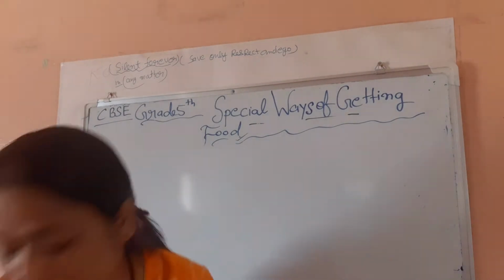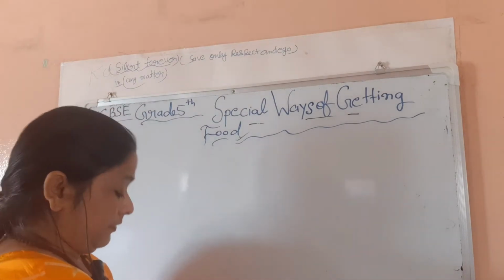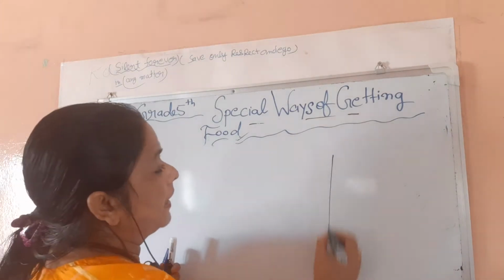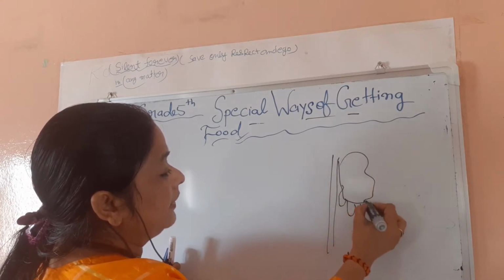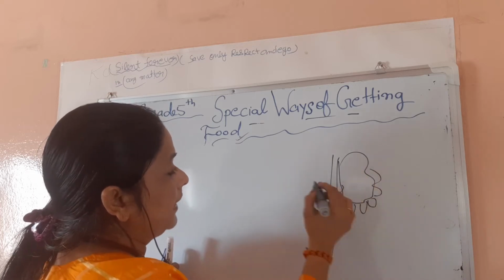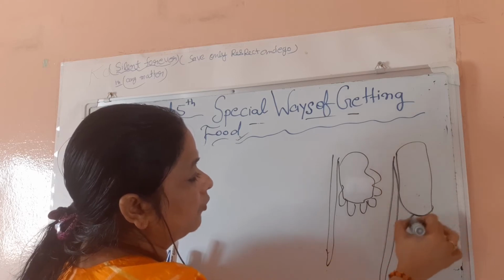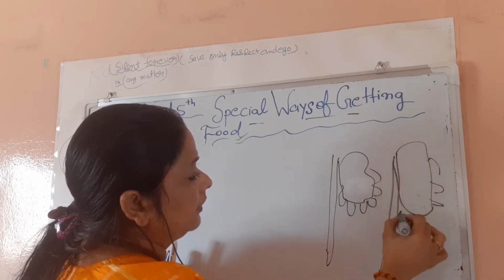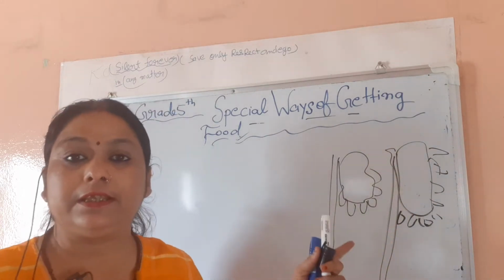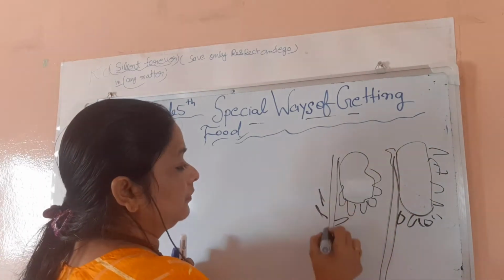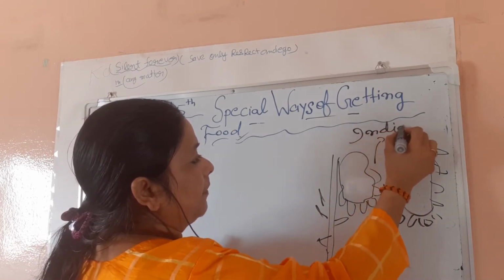Firstly, I draw a rough diagram of an Indian pipe. This is an Indian pipe. It does not have chlorophyll, so it cannot make its own food.